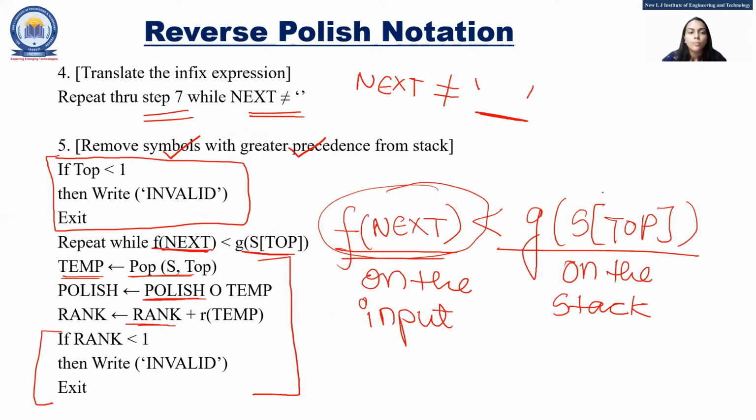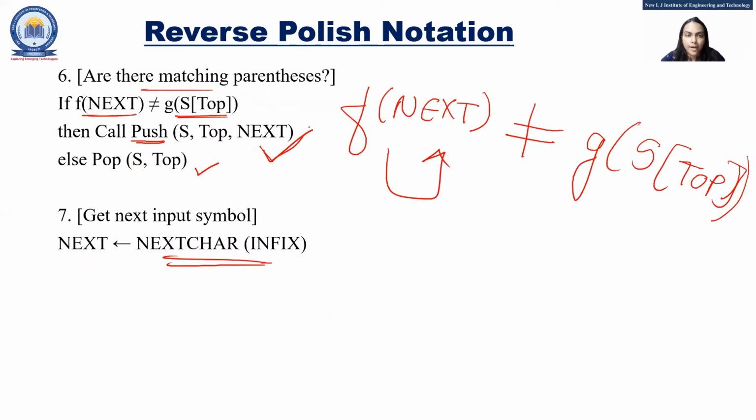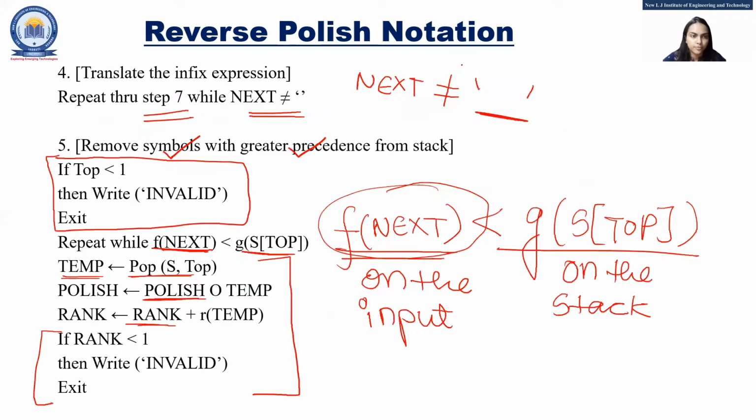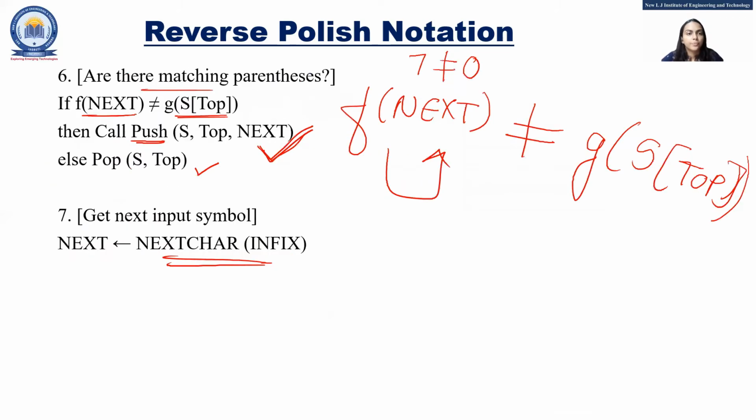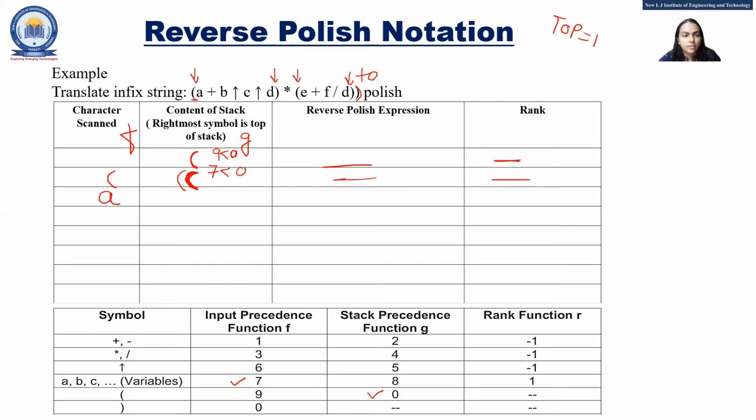So no possibility of popping. We have to push, because 7 is not equal to 0. So we are pushing this, and now it is A. Again, when we push, we don't change the expression and rank. This will only be changed once we start popping out.